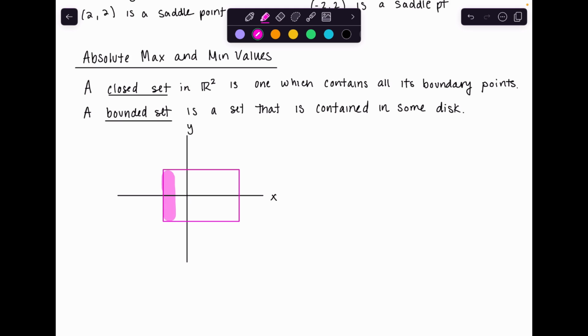If I can equal these endpoints, which is basically just the edges of this box, this set is closed and bounded. Because what I can do is I can contain this in a disk. So it's bounded because I can draw a circle around it, and then it's closed because I can equal everything on the edges.